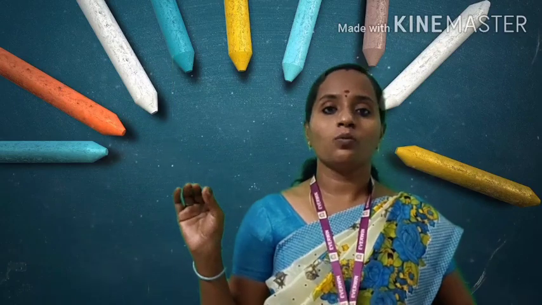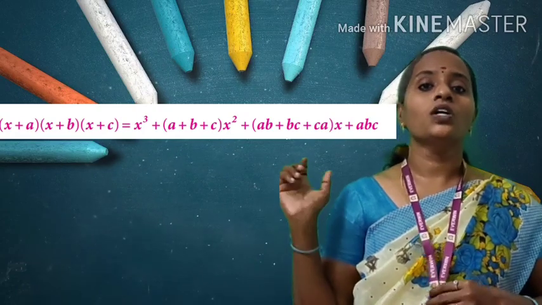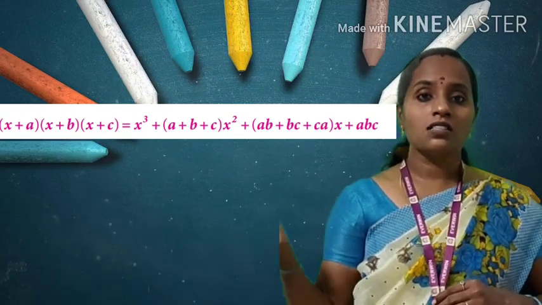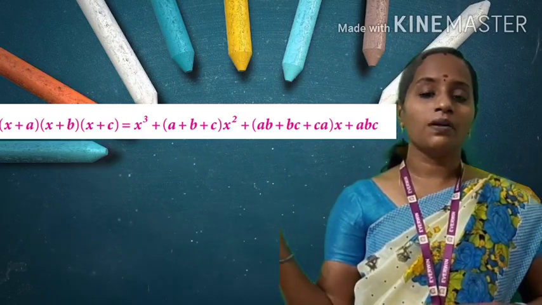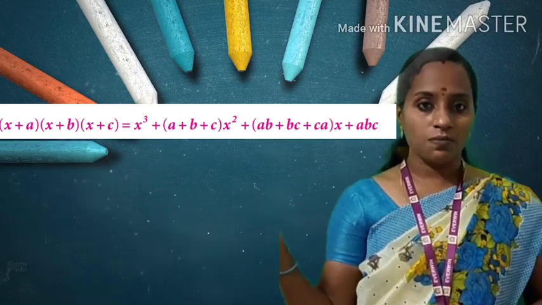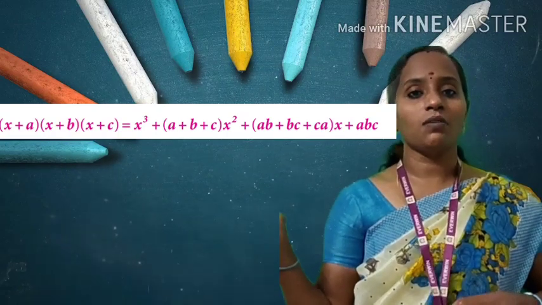We have the third cubic identity, (x plus a)(x plus b)(x plus c) is equal to x cube plus (a plus b plus c)x square plus (ab plus bc plus ca)x plus abc.